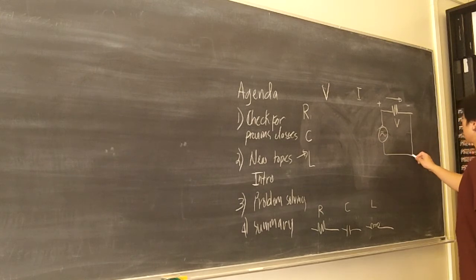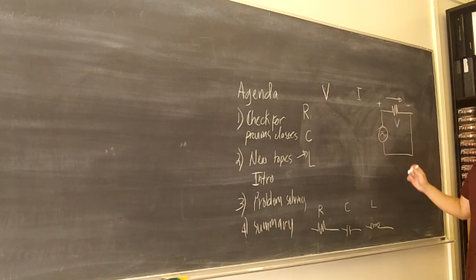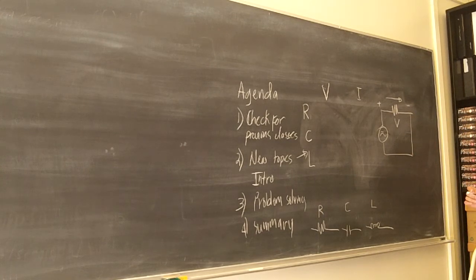How do you compute the voltage across the resistor? That's Ohm's law, right? Ohm's law: V is equal to IR. And then I is equal to V over R.